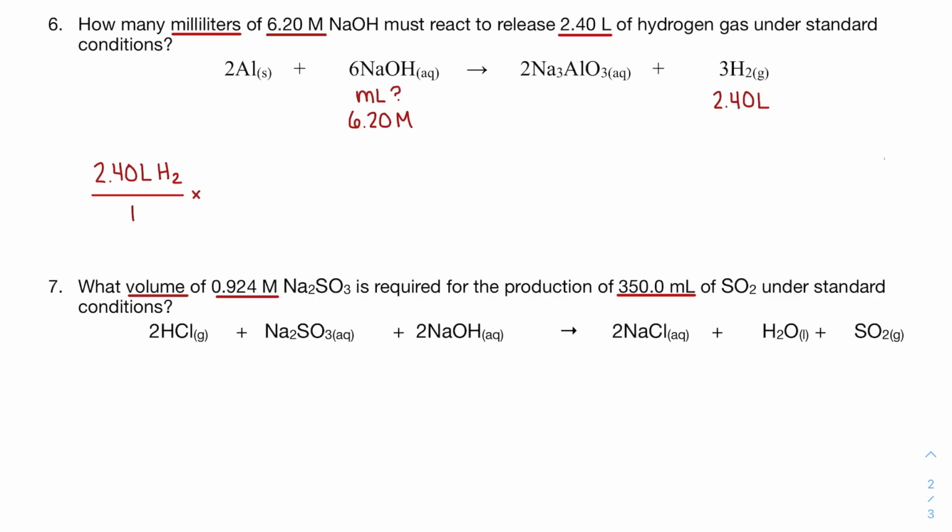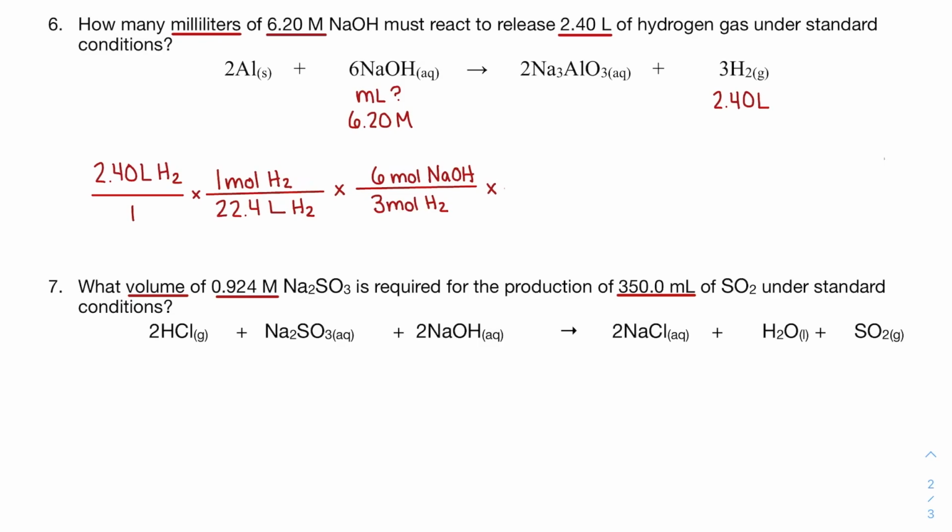From there, we're going to use the molar conversion of 22.4 liters per mole to get how many moles of hydrogen we have. Then we can use the coefficients in the equation, and we have a 3 to 6 ratio, so 3 moles of H2 on the bottom and 6 moles of sodium hydroxide on the top, and now we're in units of moles.